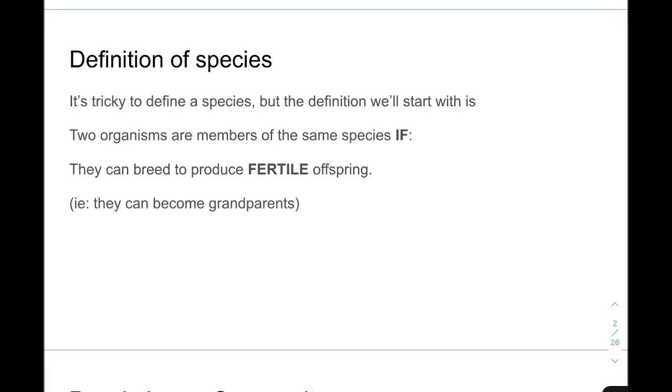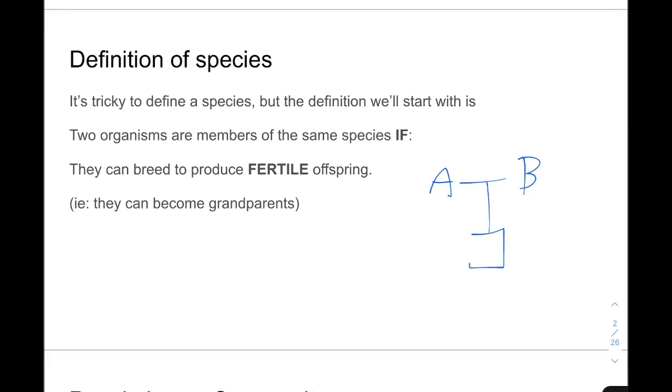When we're defining species, the definition we're using in Bio 20, which is definitely not the only definition for species, but it is the one everybody starts with, so we're going to start there. The definition we're going to use is, if you have an organism A and organism B, can they mate and make offspring?